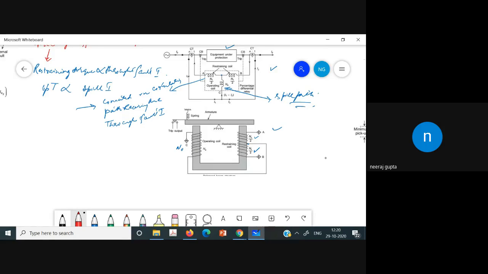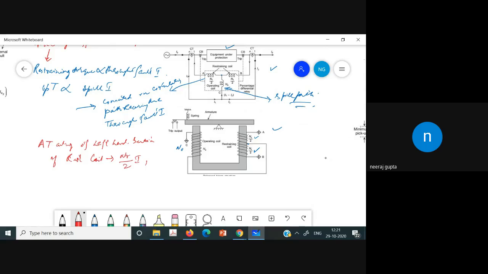Now the ampere turns acting on the left hand section of the restraining coil: the current going through it is I1, so the ampere turns are nr by 2 into I1.